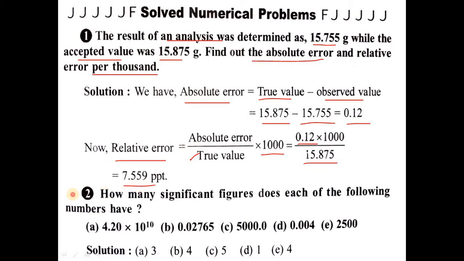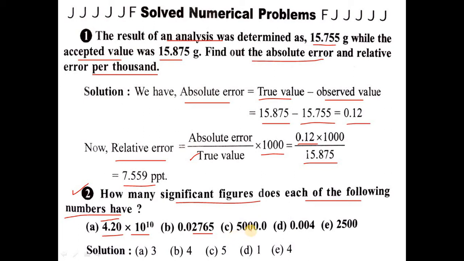Then in the second problem, how many significant figures does each of the following numbers have? First is 4.20 into 10 raised to 10. In this case, there are three significant figures. Then the second number is 0.02765. Here the significant figures are 4.